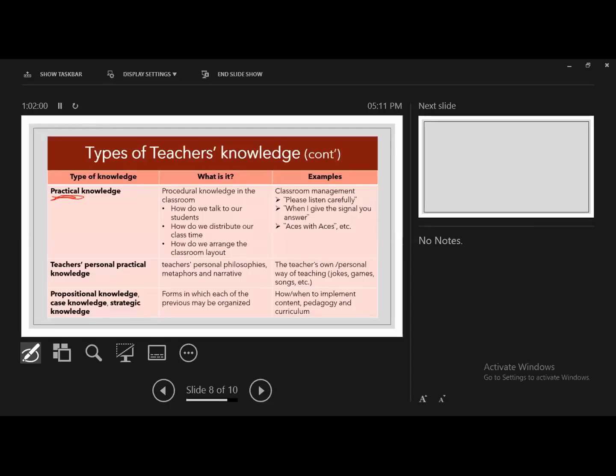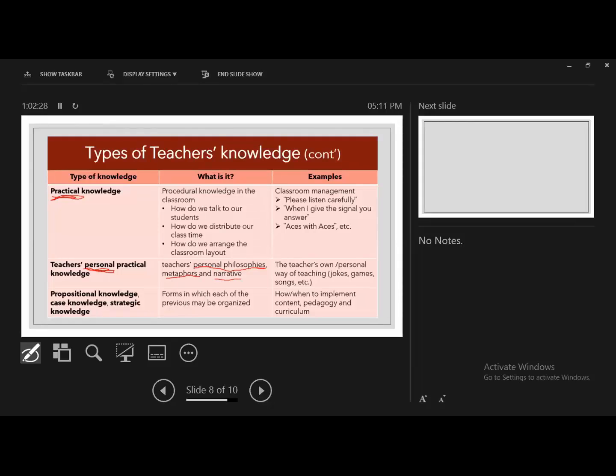Teachers' personal practical knowledge. Okay? What is that? It's teachers' personal philosophies, metaphors, and narrative.